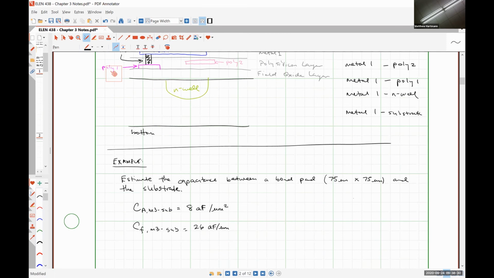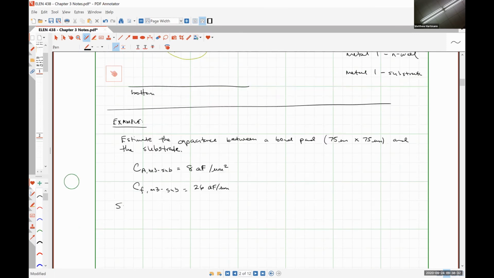Alrighty, so this actually should be pretty straightforward. The area capacitance, let's just call it C A, is going to be very similar to the bottom capacitance here.